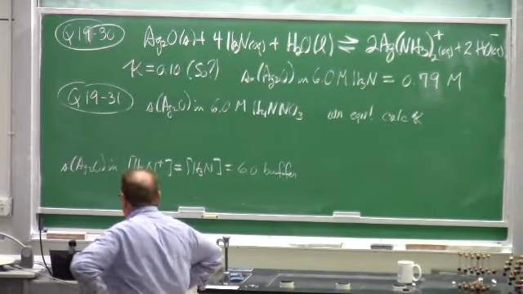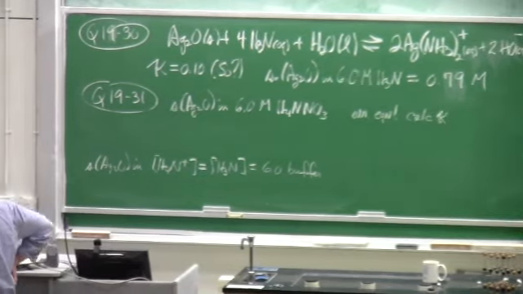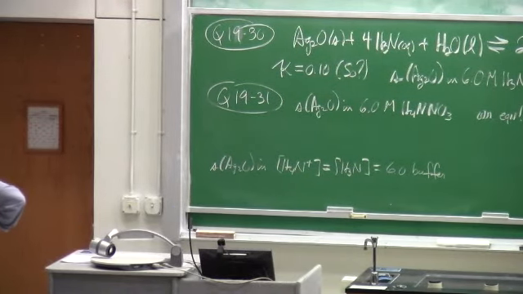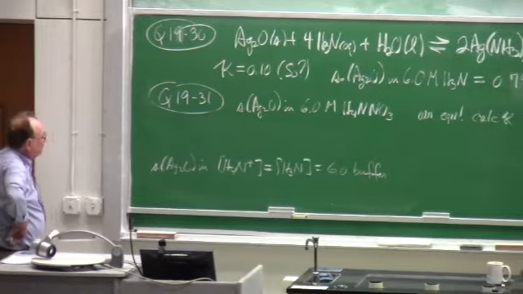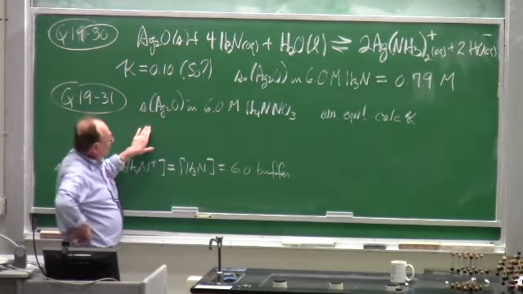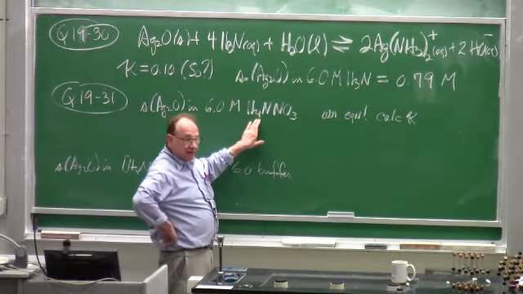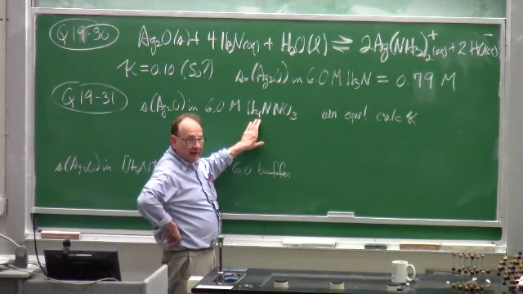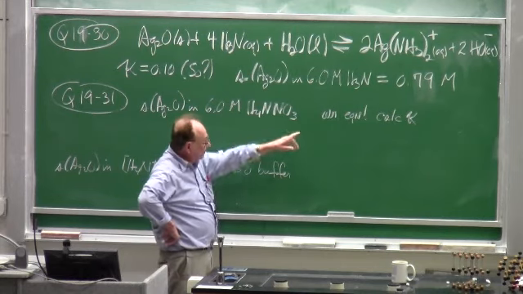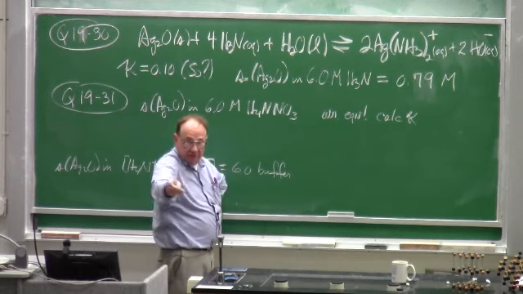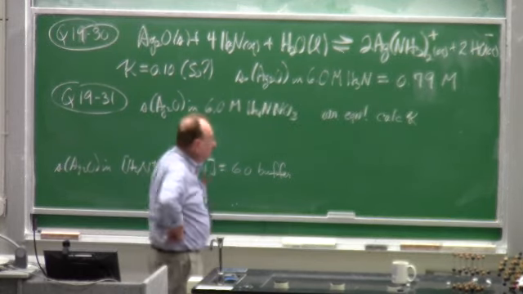Now, for 19.31. Silver oxide plus a system containing ammonium ion, nitrate ion, and water. Write the equation. Did you do it? Put it on your paper right now.